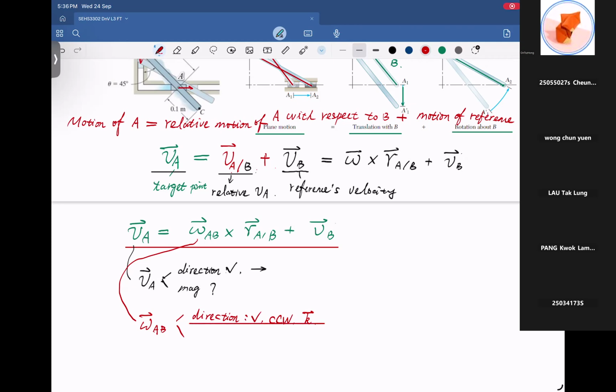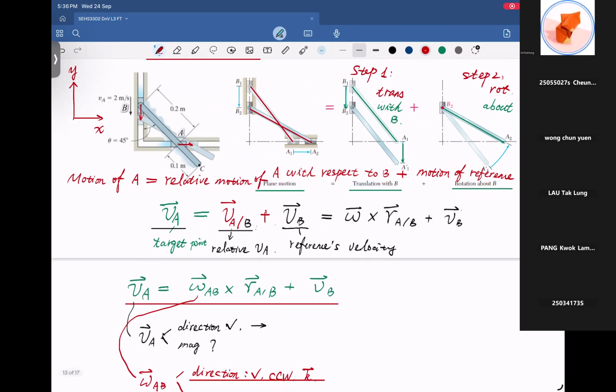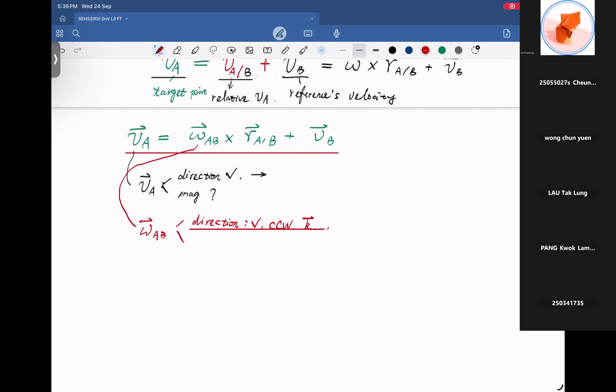If you agree, please type 1. If you don't know, you can keep silent. Okay. Because the omega, we just said this is y, this is x. The rotation is in the x y plane.